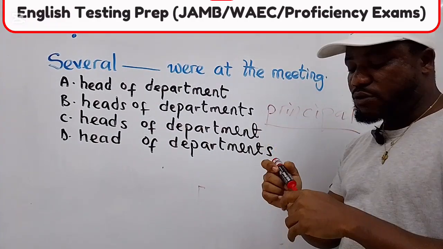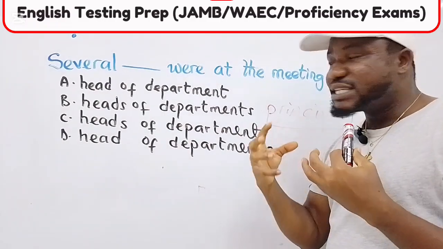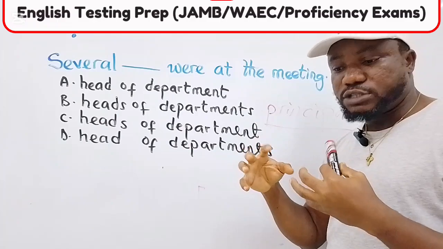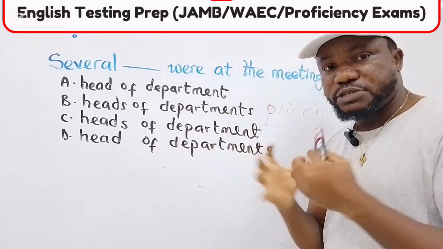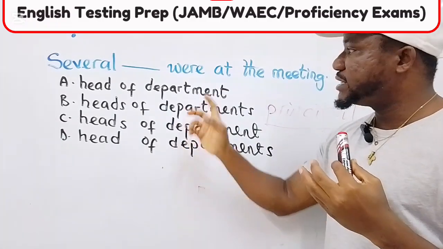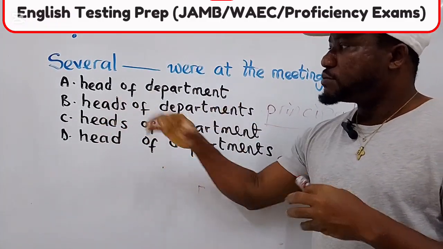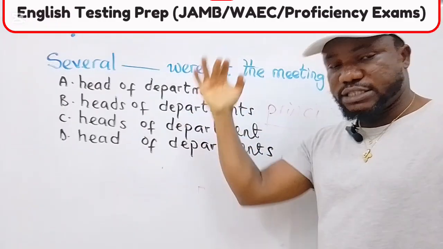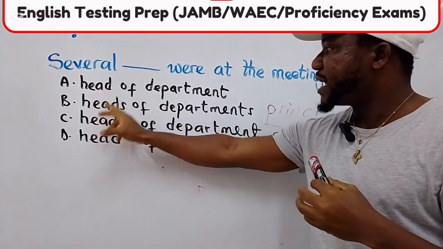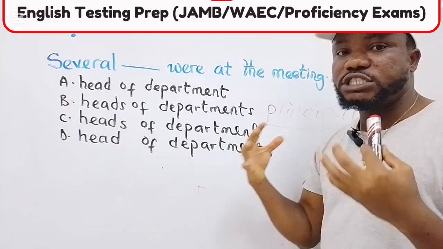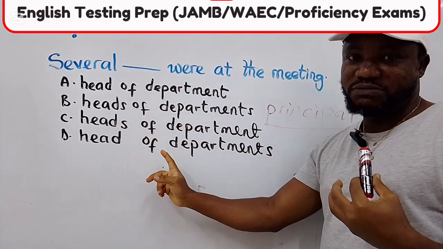The principal noun is actually the basic noun that the question is talking about, the most important part of the group of words coming together to form the noun. In this case, if you look at head of department, we're talking about the leadership of departments, right? So head is actually the principal word or the root noun in this group of nouns.